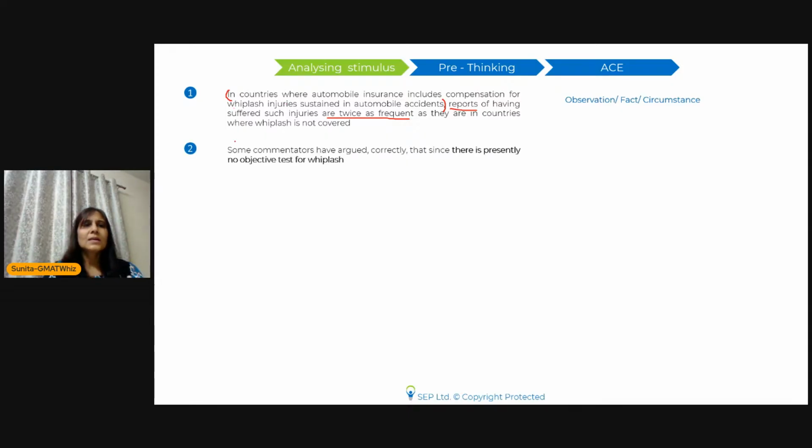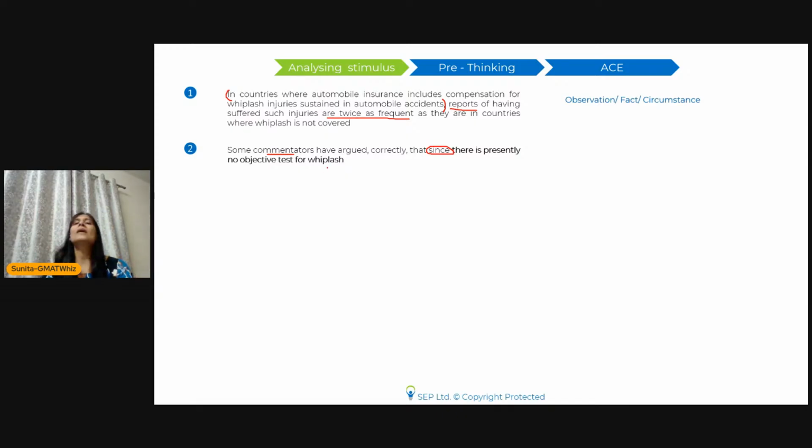Next sentence. Some commentators have argued. So clearly, this part is going to present us with a third party opinion. But let's read on. Some commentators have argued correctly. So the author agrees with the commentator's argument, which is going to be presented now. That since, now notice this part of the sentence begins with a since: there is presently no objective test for whiplash.